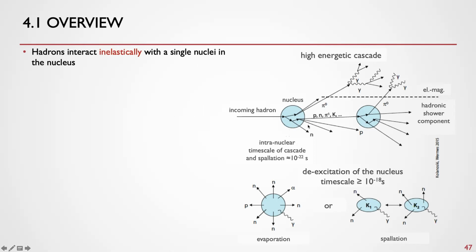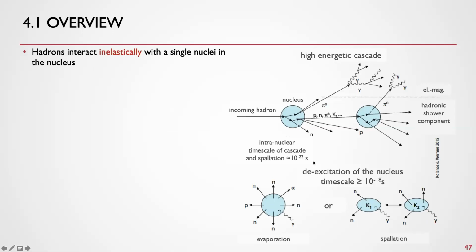In the first steps of the interaction, it's important how many pi zeros are produced, because the pi zeros will decay to photons, and the photons will trigger an electromagnetic cascade. So the parts of the energy will go into electromagnetic interactions and look similar to incident electrons and photons.